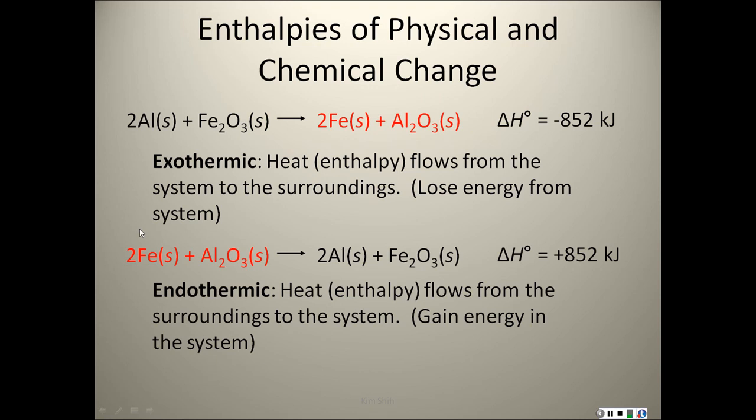If we flip that, we're still saying plus heat, Fe, Al2O3. Heat is on the reactant side in this case, meaning it's endothermic. Heat had to go into the system to make the reaction go. Huge, big number, endothermic, and took a lot of energy. So the same amount of heat given off is equal to the same amount of heat used.